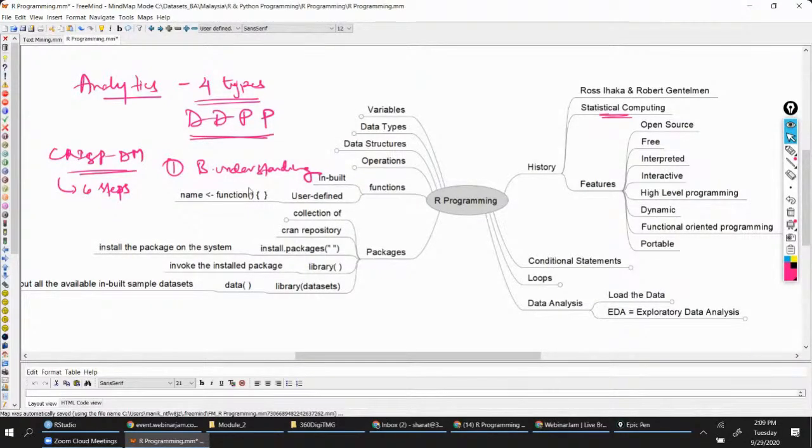Yeah, screen is already shared. So hope you're able to see the screen as well. You're able to see the screen, right, friends? Please comment on that. Okay, you're able to, yeah.